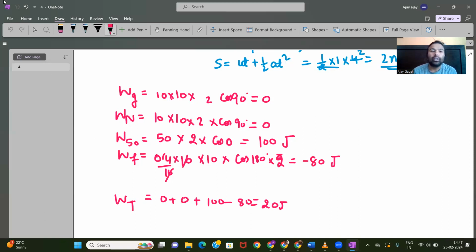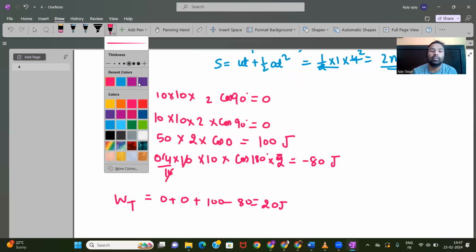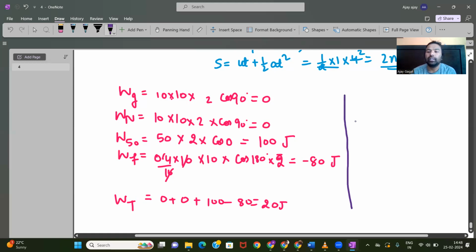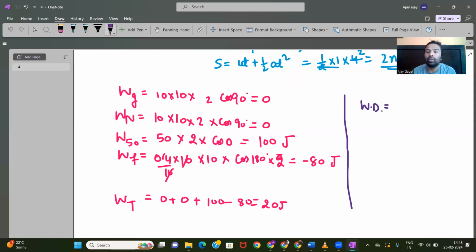But a shortcut trick could be if we directly use the work energy theorem. What if I apply the work energy theorem? The work energy theorem just states that work done by all forces is equal to change in kinetic energy. So total work done is equal to final kinetic energy minus initial kinetic energy.